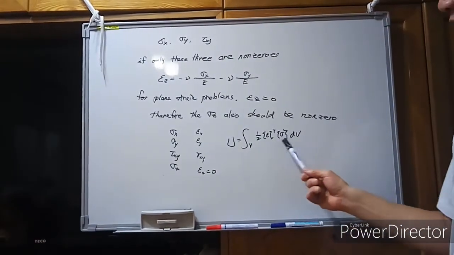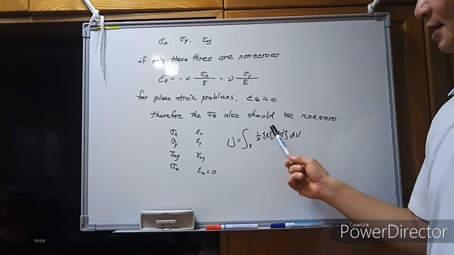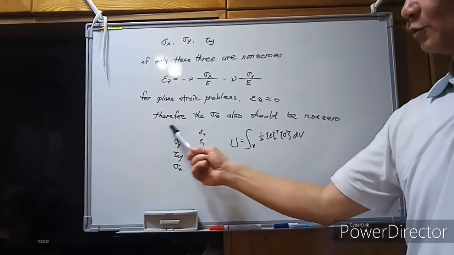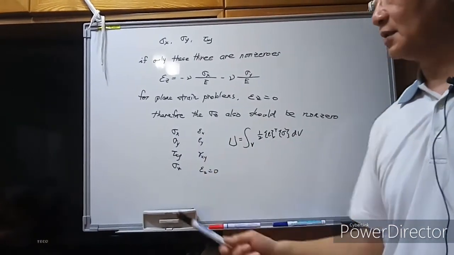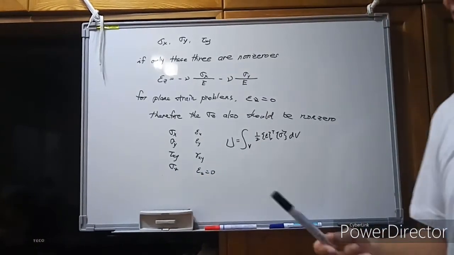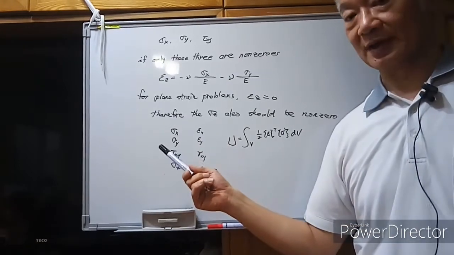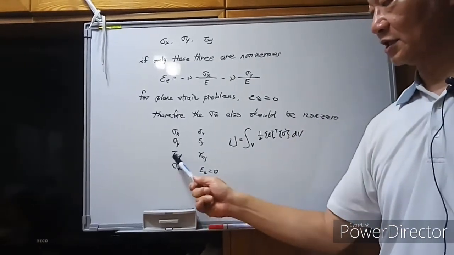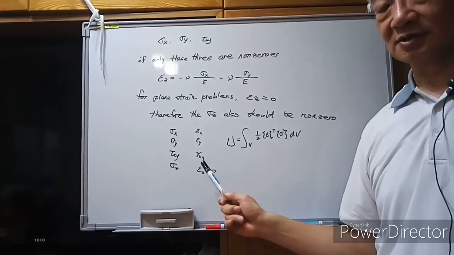So when we consider the plane strain problems, we need to consider only the first three pairs of the stress and the strain, but we can neglect the last pair. For the plane stress problems, we also consider the first three pairs, but sigma z is equal to 0 and epsilon z is non-zero.